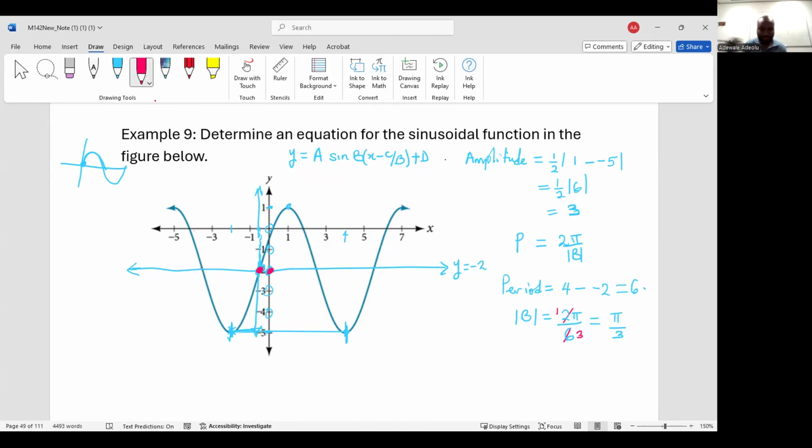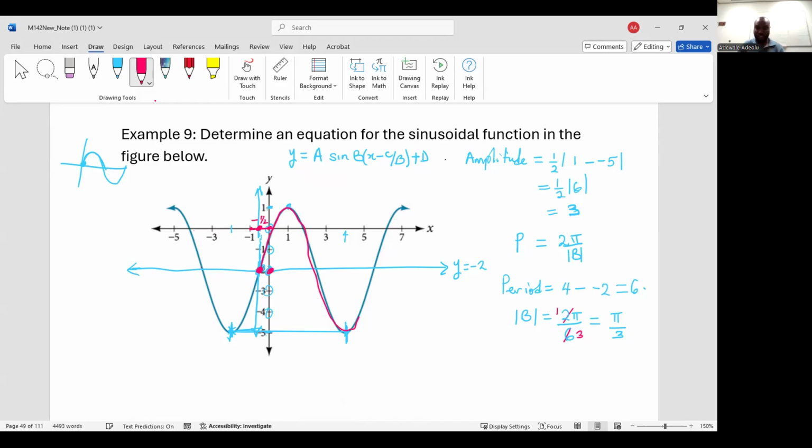By what? Now, we go to our x value. From here to here is -1. So here, I can say that is -0.5, give or take. Now, is it behaving as a sine function? Yes, it is. Look at it. It's behaving as a sine function.